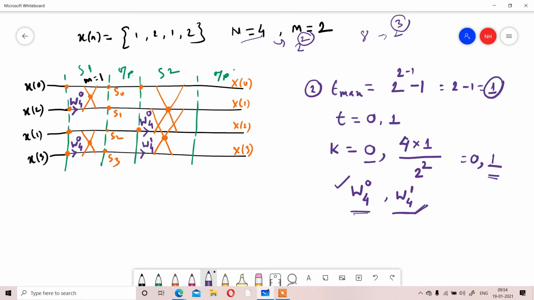So whenever you represent 8 inputs, you will have 3 stages. If you have 4 inputs, you will have 2 stages. Similarly, if you have 2 inputs, you will have only 1 stage. Similarly, 16 inputs give 4 stages. Like that the stages will increase. So for this case, you will not have stage 3. You will only have stage 2.